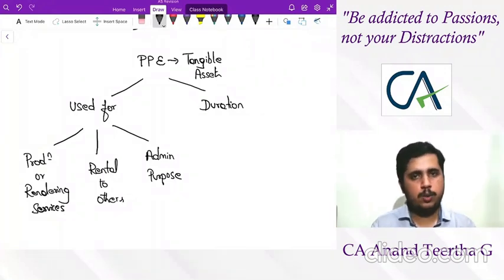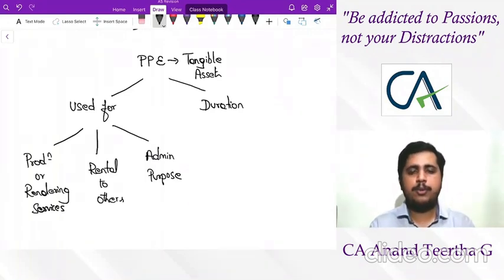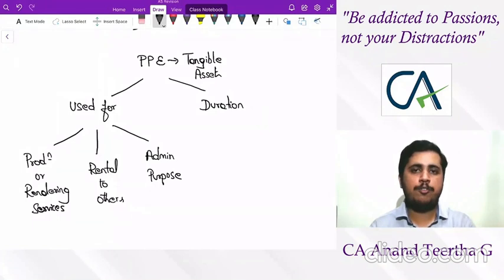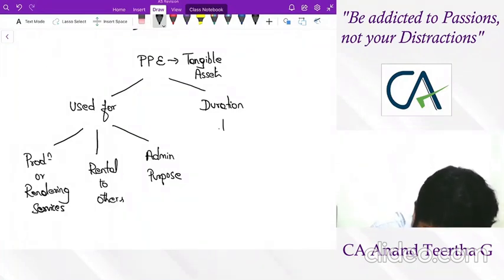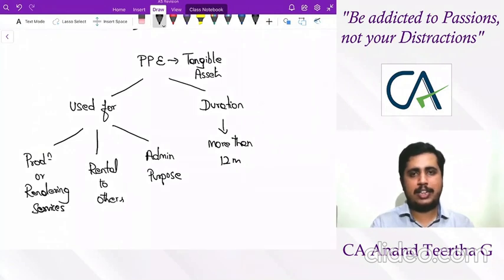Second, for rental to others. Third, for administration purposes. For example, say I'm now using a laptop. I'm using this laptop to render the service, so it is automatically used for rendering services. If I use a laptop in my office, I'm using it for administration purposes. So all these things are covered for usage, and duration should be more than 12 months. If that is the case, it comes under the definition of property, plant and equipment. So that's how you have to consider the entire PPE definition.